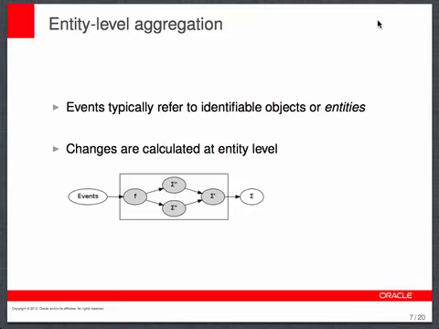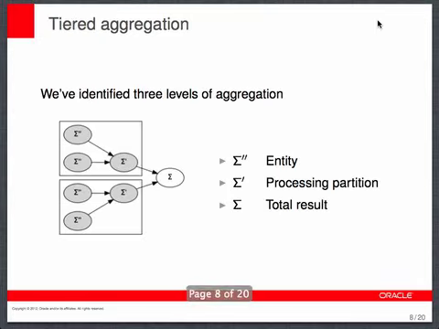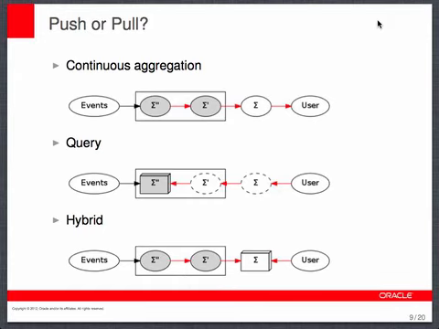So all I'm getting at here really is that there's logically 3 different levels of aggregation that you might be interested in. So the entity level, the processing partition level, and the final result. And you can look at this from 2 different ways.